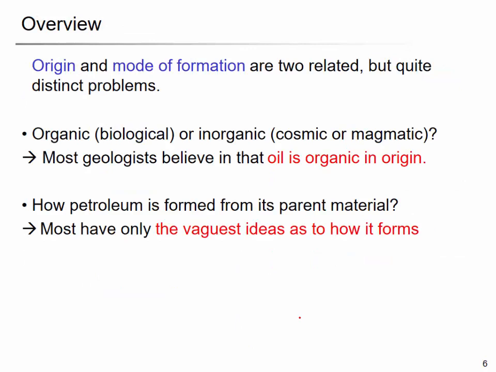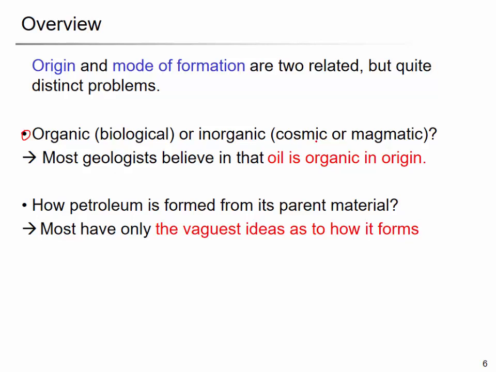The two basic questions that we want to explore in this chapter are these. First, whether this hydrocarbon is of organic or inorganic origin. In other words, it could be from biological origin, or it could be from magmatic or cosmic origin, from the deep earth.